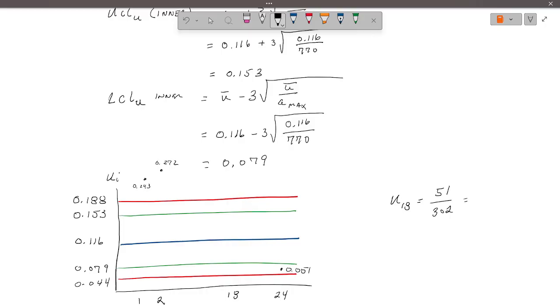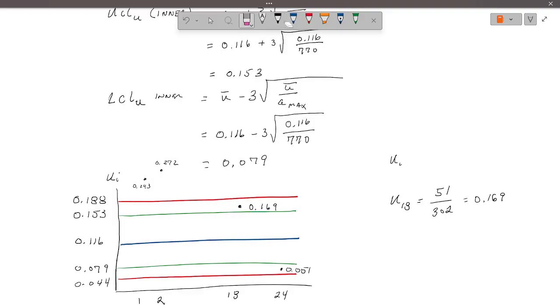Okay. And that became 0.169. So 0.169 would be someplace up there. Okay.